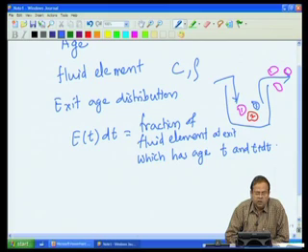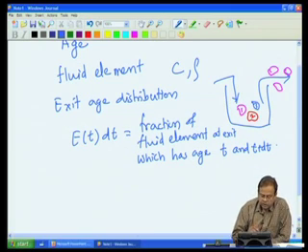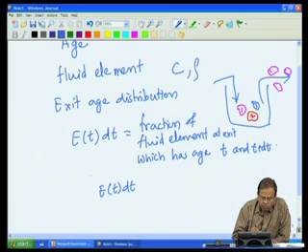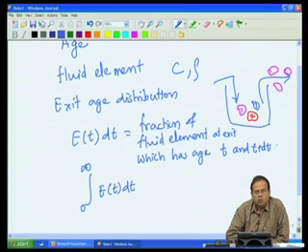Now, given the fact that fluid elements, once they enter the reactor, may spend differing amounts of time, but eventually they all come out of the reactor, if I look at this fraction E of t dt, which is a fraction of fluid elements between age t and t plus dt, and add all these fractions from time t going from 0 to infinity, what does this mean?